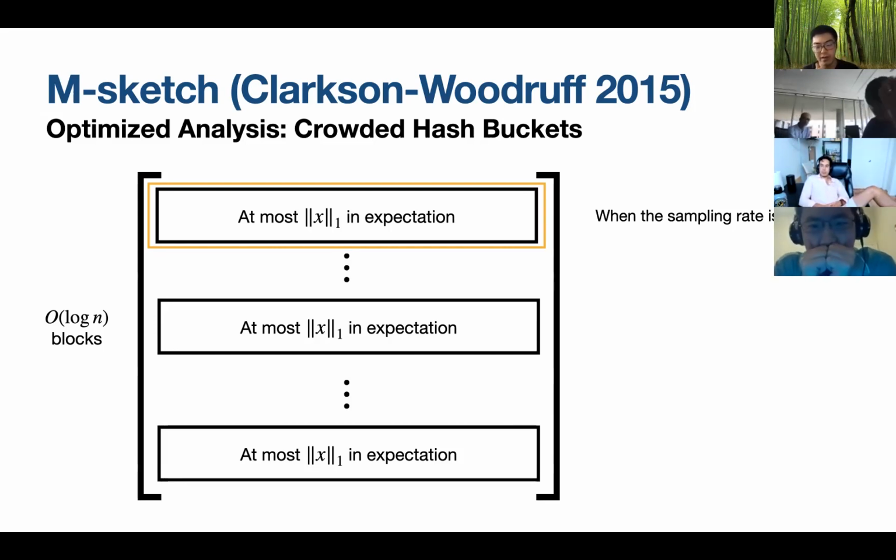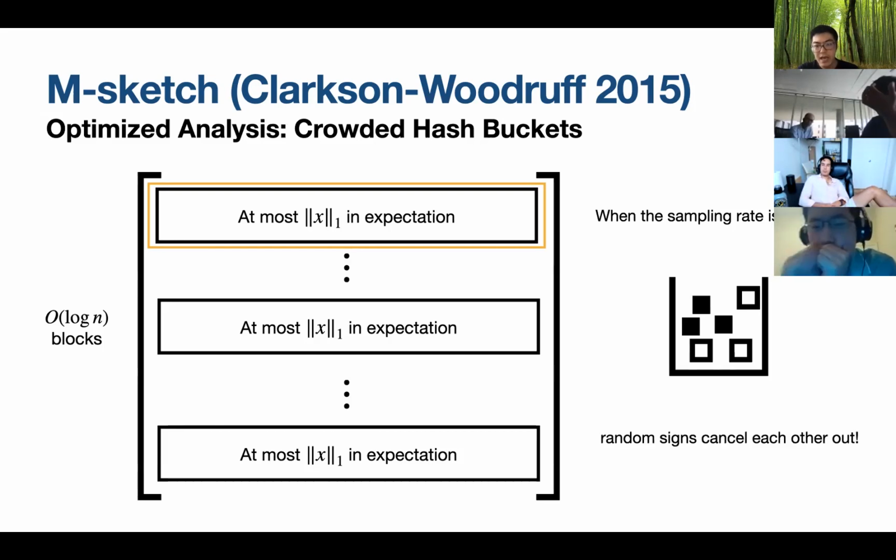If we have only log n buckets but sample, say, square root n items, then all of these items are going to hash to the same buckets, and they're going to cancel each other out with the random signs.